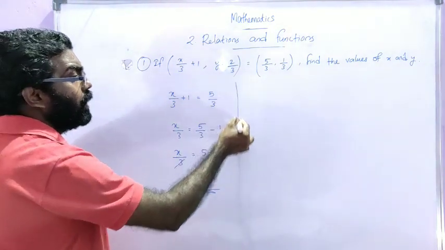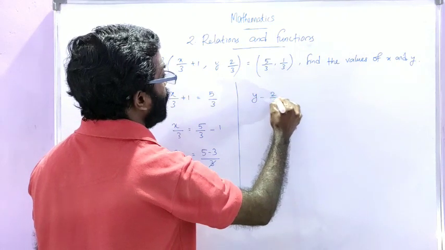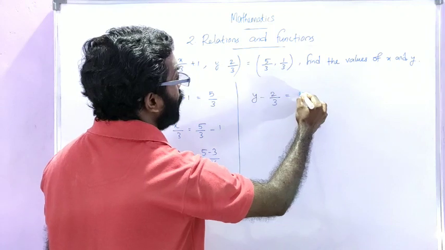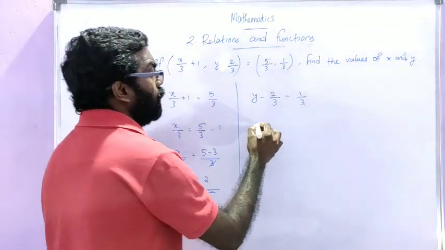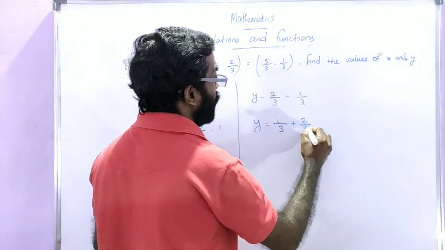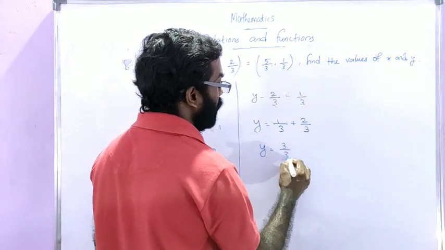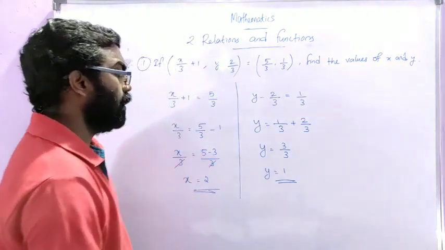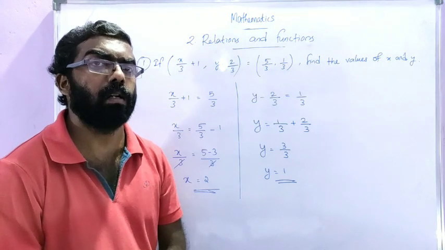Similarly, we can take the second component y minus 2 by 3, and that will be equal to the corresponding second element, here 1 by 3. y is equal to 1 by 3 plus 2 by 3. That is y is equal to 3 by 3, and y is equal to 1. That means x is equal to 2 and y is equal to 1. Clear?